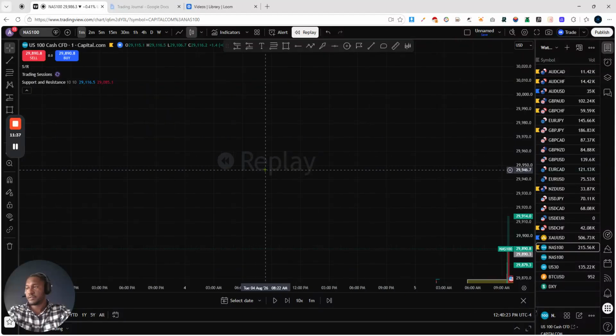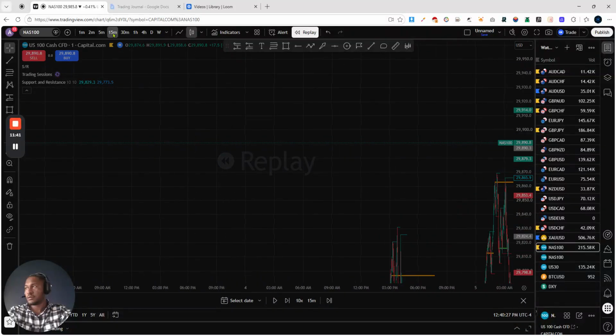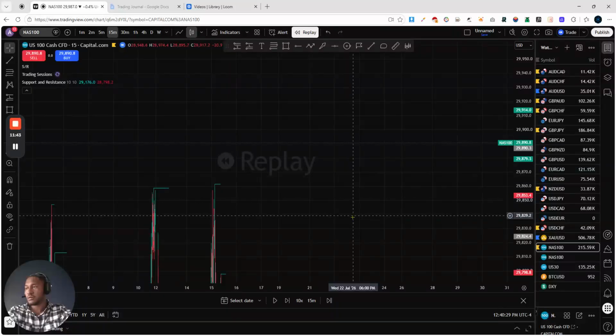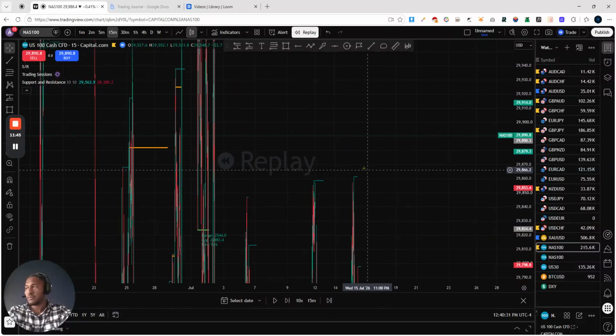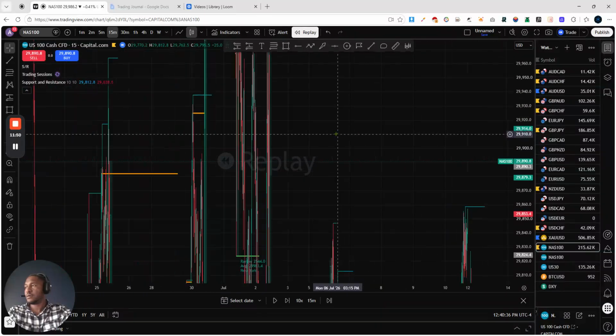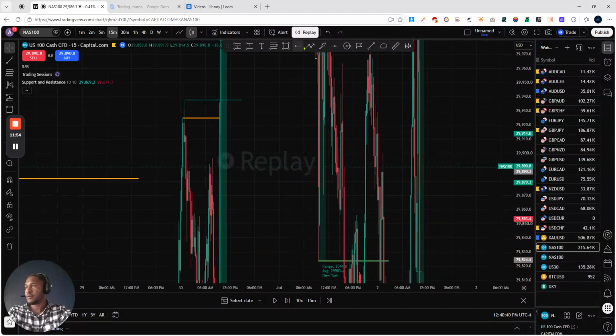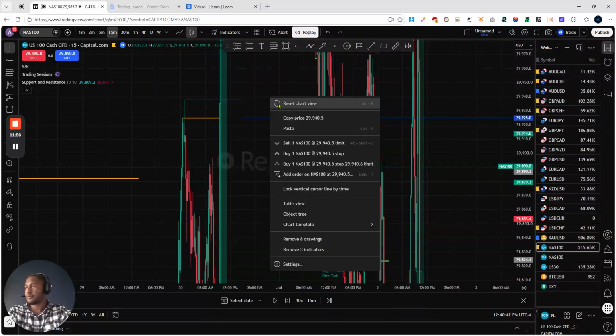Let me zoom out, see if I can get another area. I say right here. So I'll mark that off.